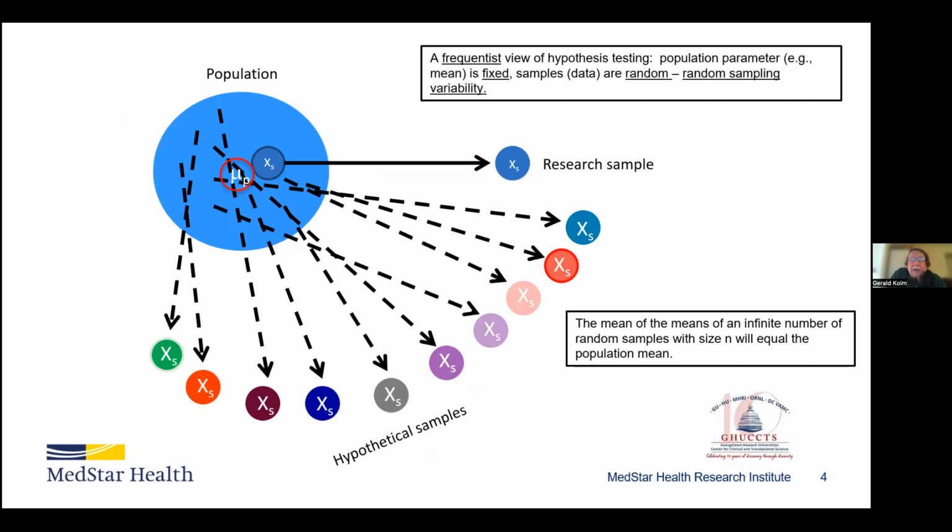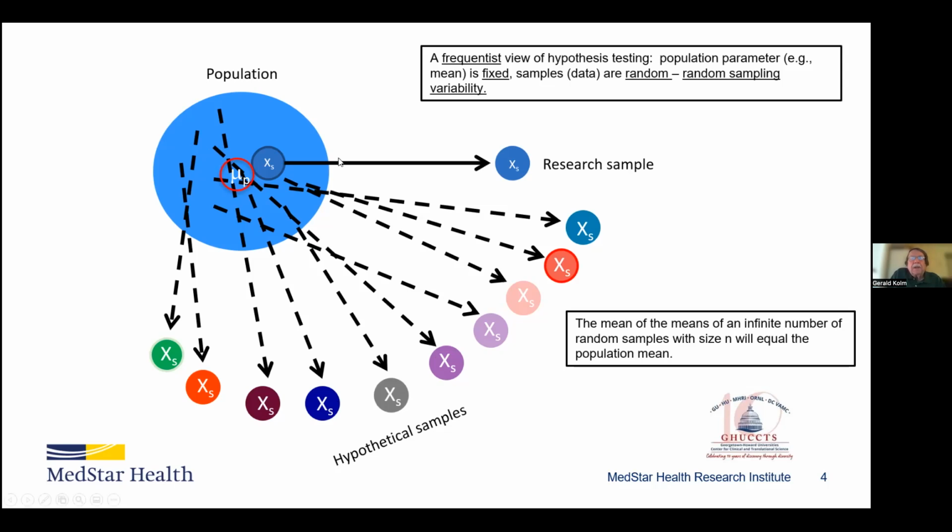And that is that if we were able to draw a large number of samples from our population, or as we draw an infinite number of samples from the population, the mean of each of these sample means will equal the population mean.